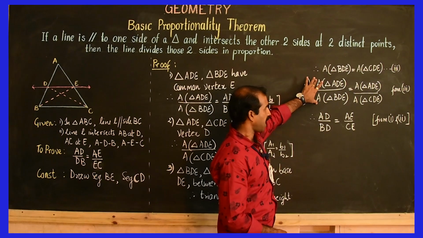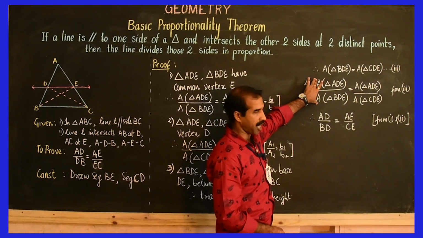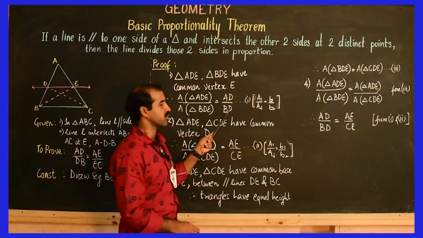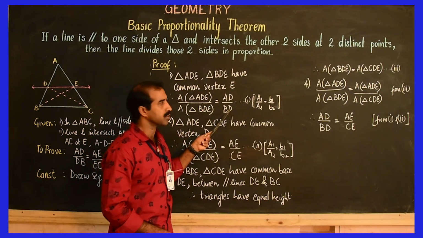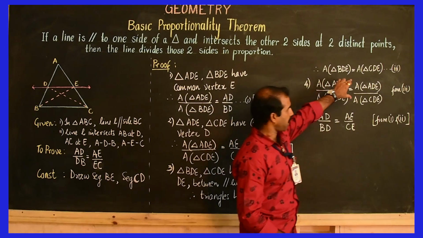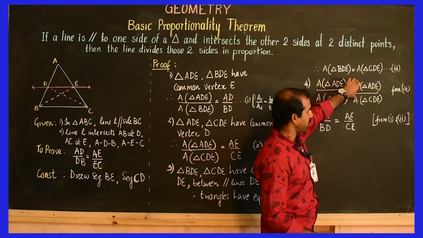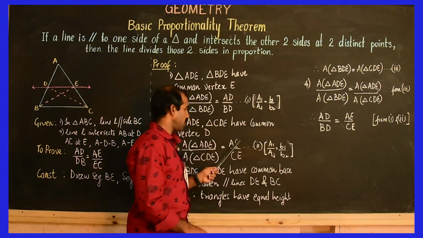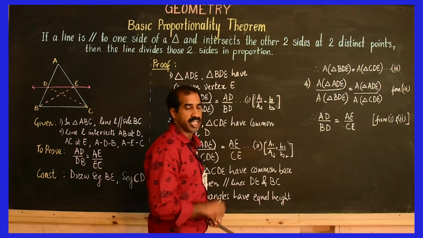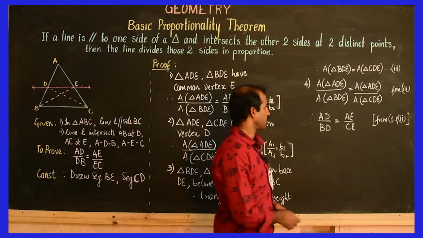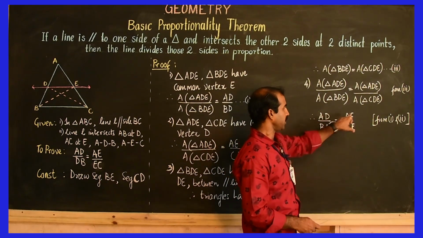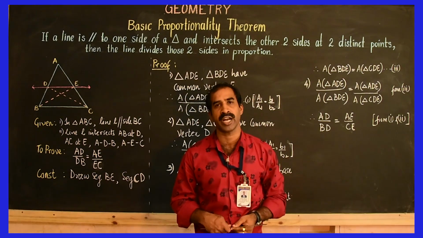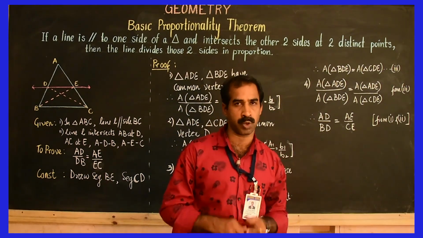Now the value for the left hand side, we have got it as AD upon BD from equation number 1. And the value for area of triangle ADE upon area of triangle CDE is nothing but AE upon CE, from equation 2. So we get AD upon BD equal to AE upon CE. The reason is from 1 and 2. Hence proved.